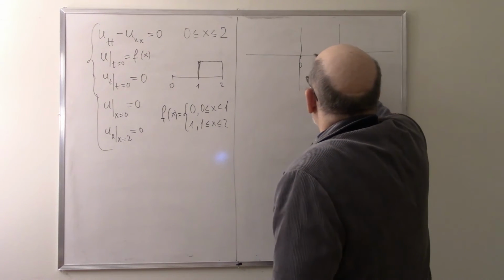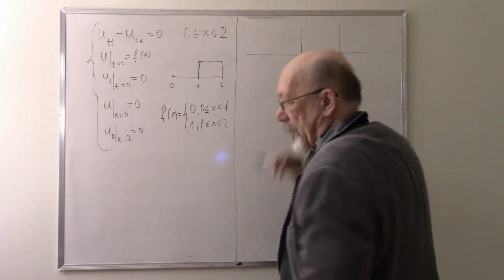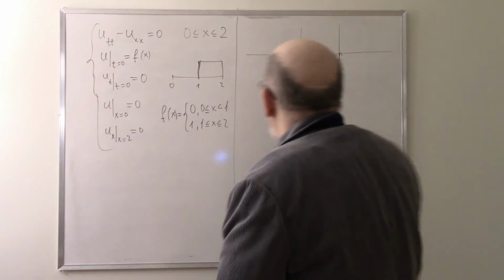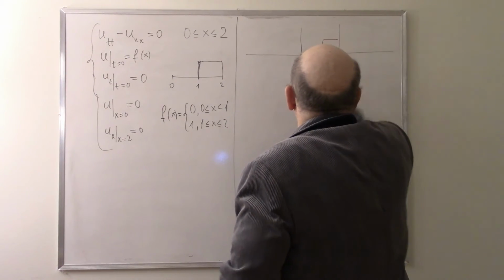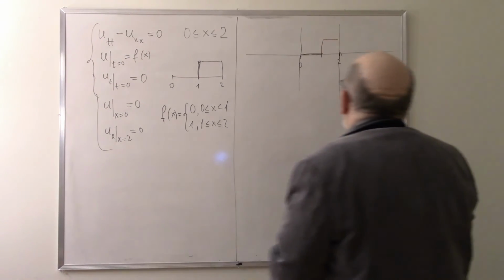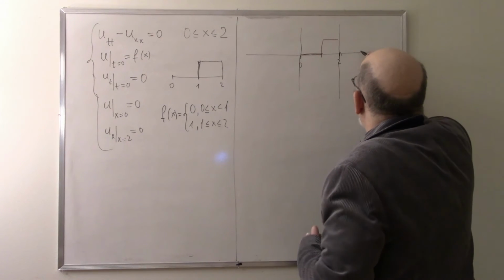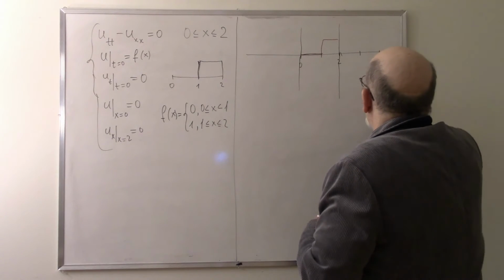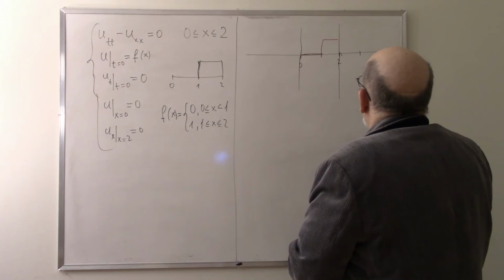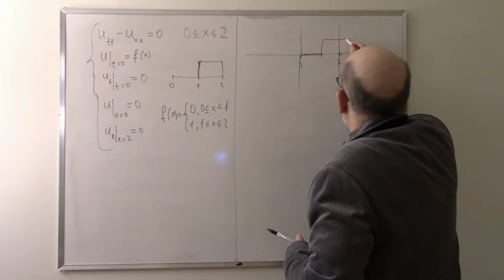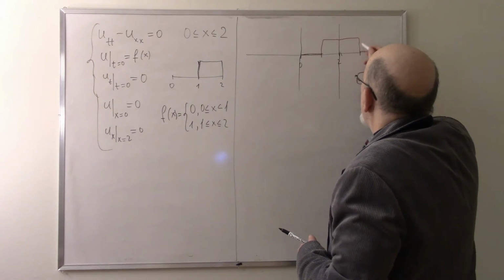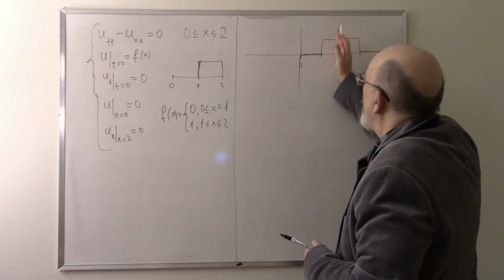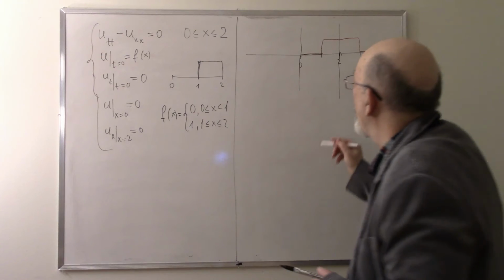Yes, and so here the function, let me draw it in red. The function is like this. Now from 2 to 4, we continue this function as an even function because here we have a Neumann condition.